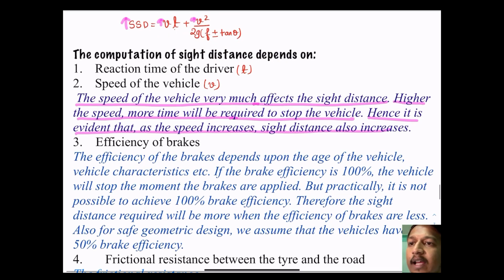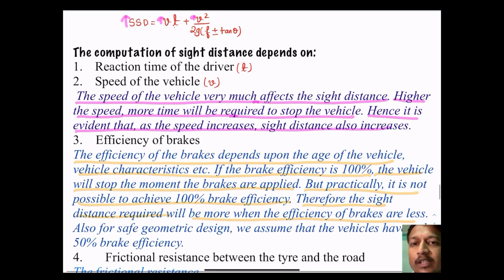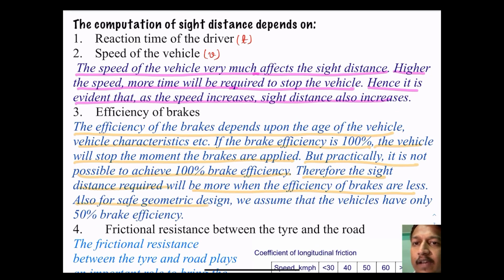Third is the efficiency of the brake. The efficiency of the brake depends upon the age of the vehicle, vehicle characteristics, etc. If the braking efficiency is 100%, then the vehicle will stop at the moment the brake is applied. But practically, it is not possible to achieve 100% braking efficiency. Therefore, the sight distance required will be more when the efficiency of the brake is less.